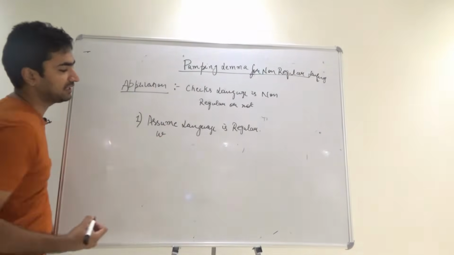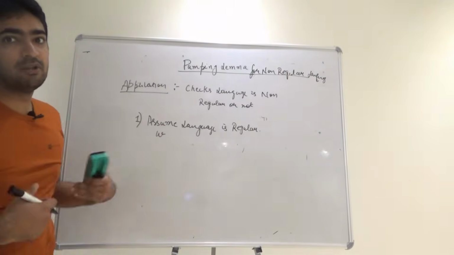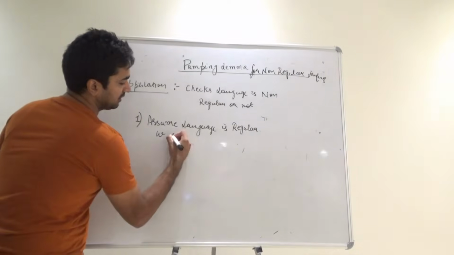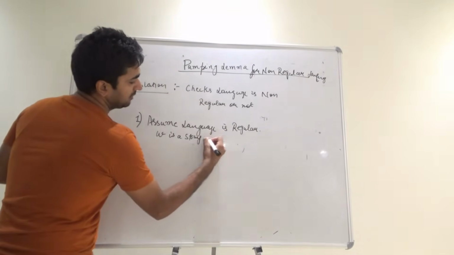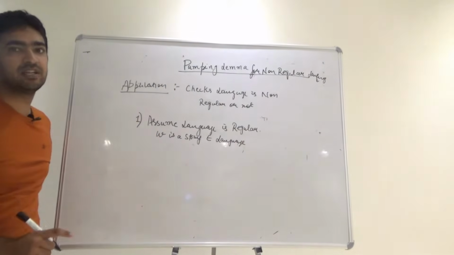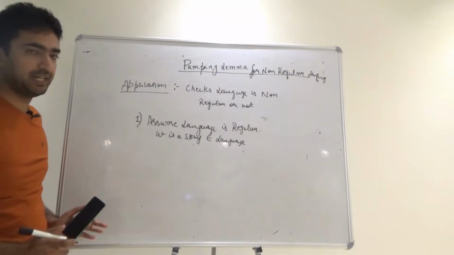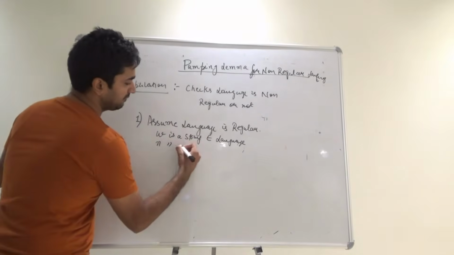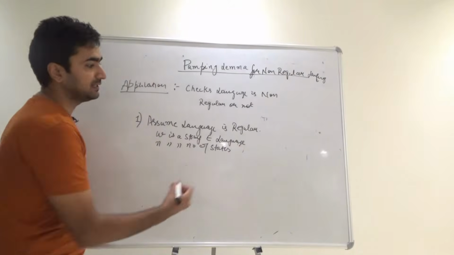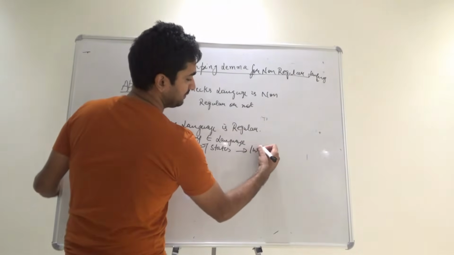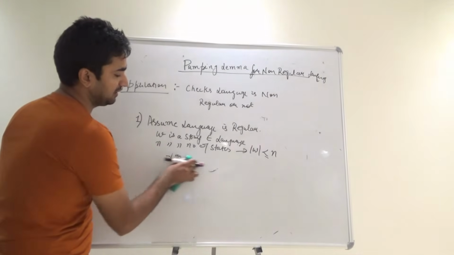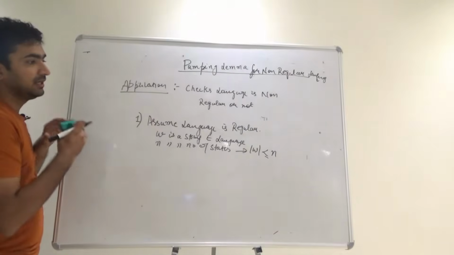Let's say I assume that string is W, that belongs to this particular language, and any string is accepted by n number of states. So n is the number of states, and importantly, the string length we assume, this is the first thing you need to take care of.